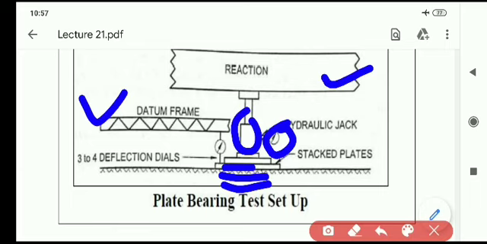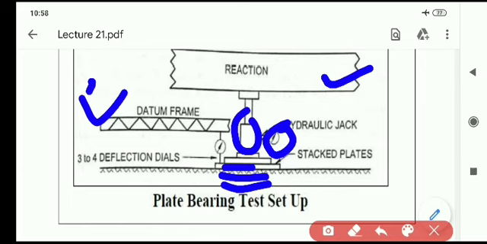Briefly, here we are applying a dead load with the help of the reaction frame. The circular bearing plates are placed on the ground in decreasing order of diameter from the bottom, and the standard load is applied on these plates.